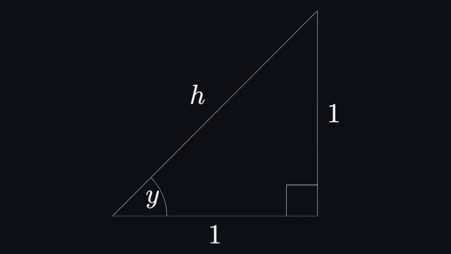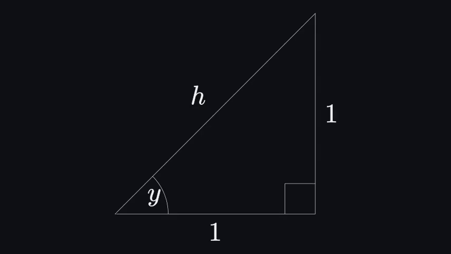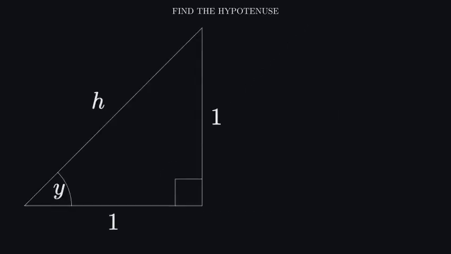This triangle represents tan of y equals 1 over 1. To find sine of y and cosine of y, we need the hypotenuse. Since this is a right-angled triangle, we use Pythagoras' theorem. So the hypotenuse is the square root of 2.